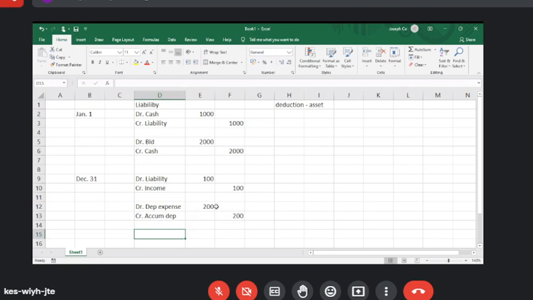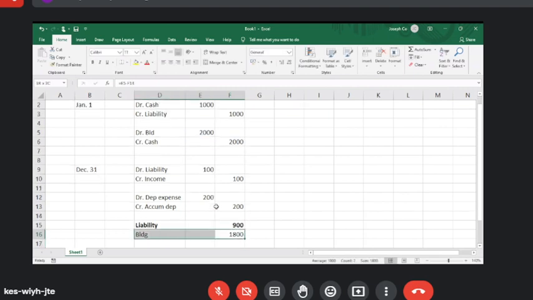Kaya magkano yung balance ng liability natin? Meron tayong 1,000 minus 100. 900,000. Magkano balance ng building natin per 2,000 minus 200? 1,800.